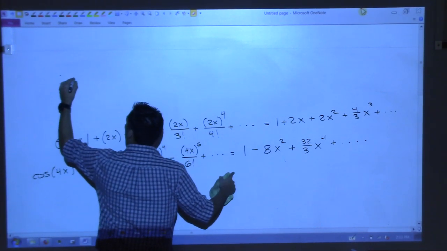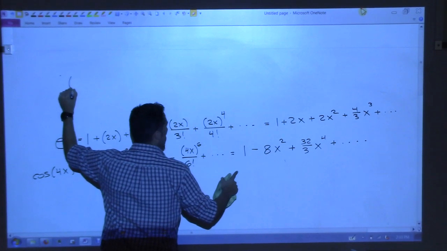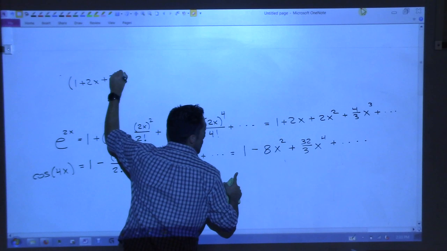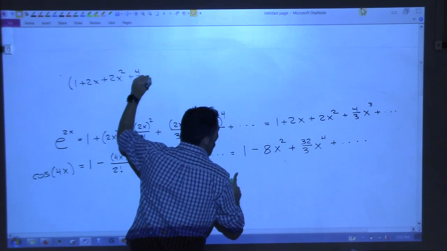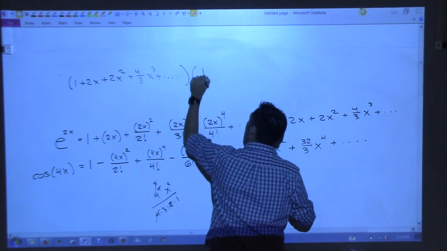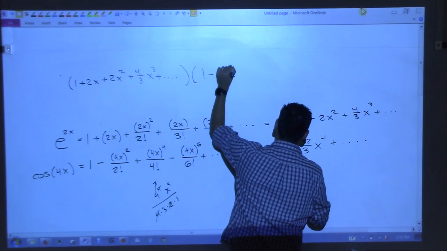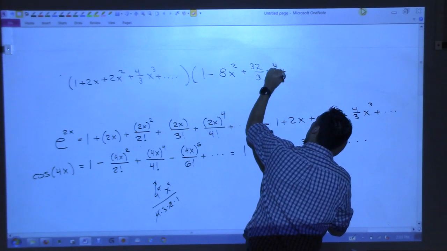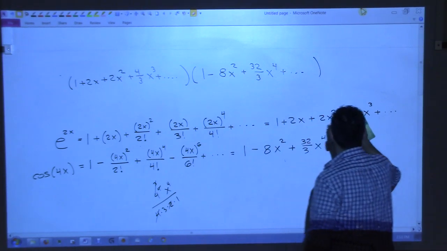So, all right, I'm going to take 1 plus 2x plus 2x squared plus 4 thirds x cubed plus dot dot dot, and multiply that times 1 minus 8x squared plus 32 over 3 x to the 4th plus dot dot dot, and multiply them.